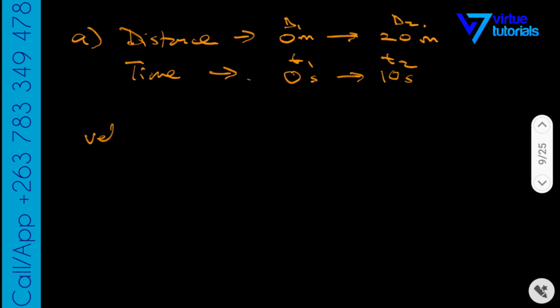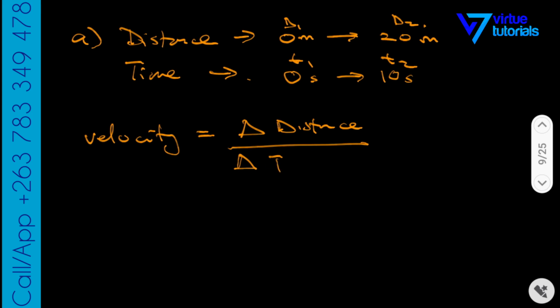Your velocity is equal to your change in distance, where the delta sign refers to change, over your change in time. Change in distance is D2 minus D1 over your change in time, which is T2 minus T1.